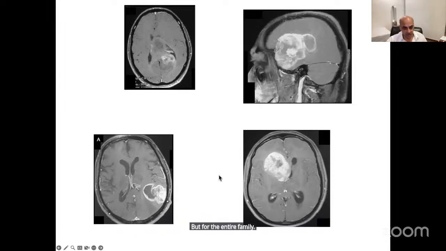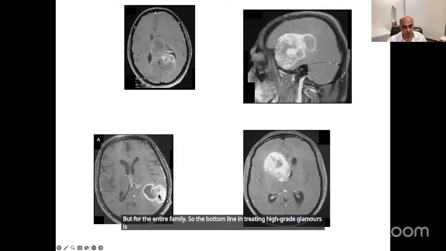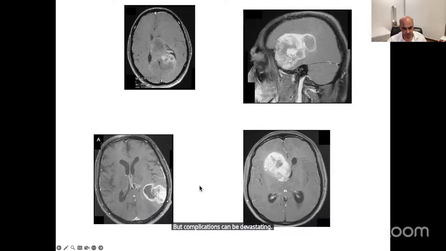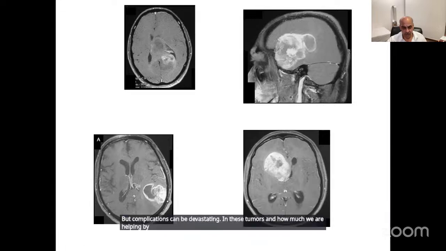So the bottom line in treating high-grade gliomas is to assure yourself and the patient that there will be no complications. Of course, in neurosurgery, complications have to be there, and we learn from our complications, but complications can be devastating in these tumors. And how much we are helping by radical resection, nobody actually knows.